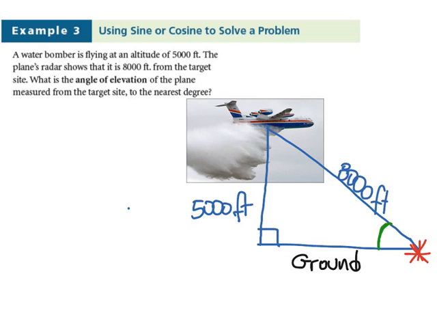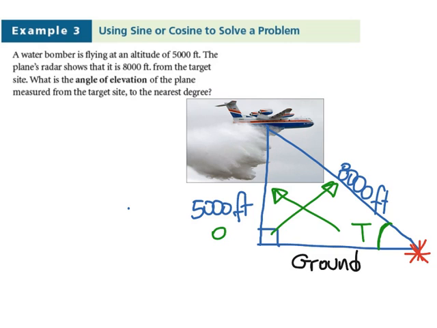So how do we find this angle? Let's label the triangle based on this reference angle. So again, T is looking at the opposite side. That means the 5,000 feet elevation is opposite. And the longest side is 8,000 feet because the 90 degrees is looking at it. So that is the hypotenuse.